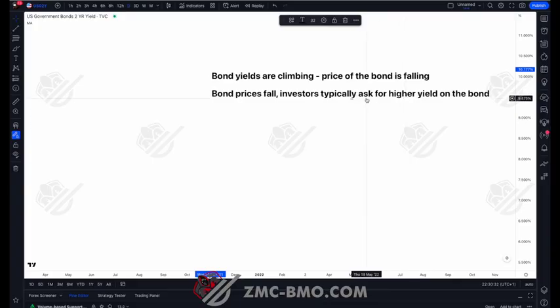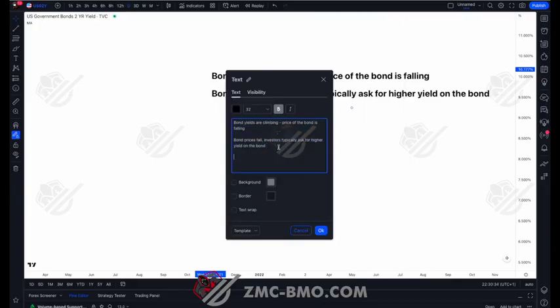Also to note there is that in times of unrest, bonds, so treasuries, are seen as a safe option. So this is why, and we'll show you a live example on the chart, during COVID we saw bond yields collapse because people were buying bonds as that safe haven option.